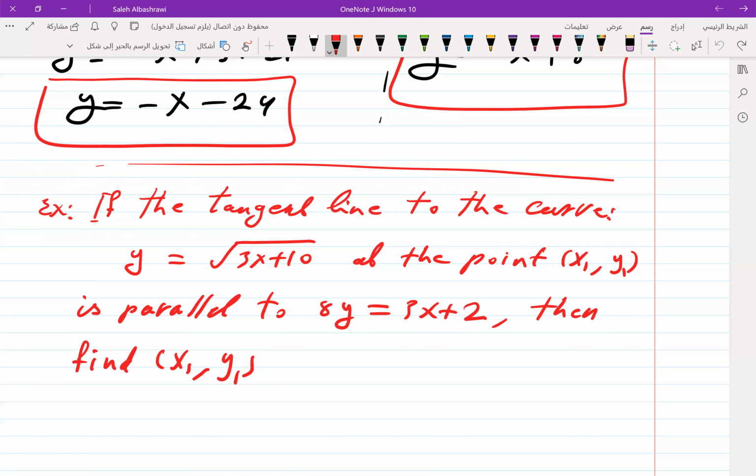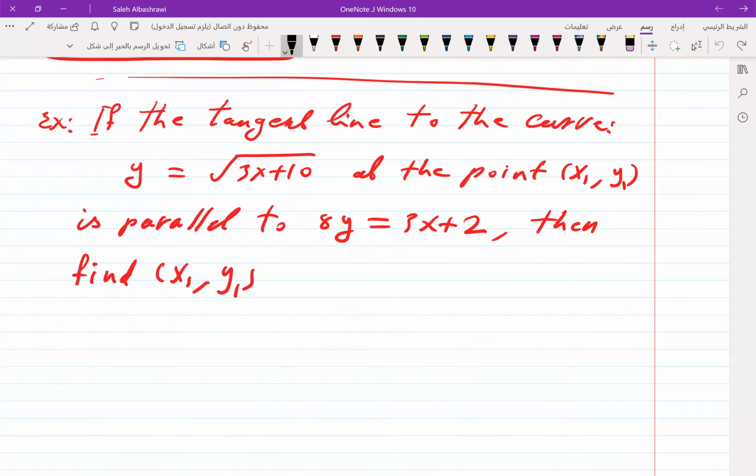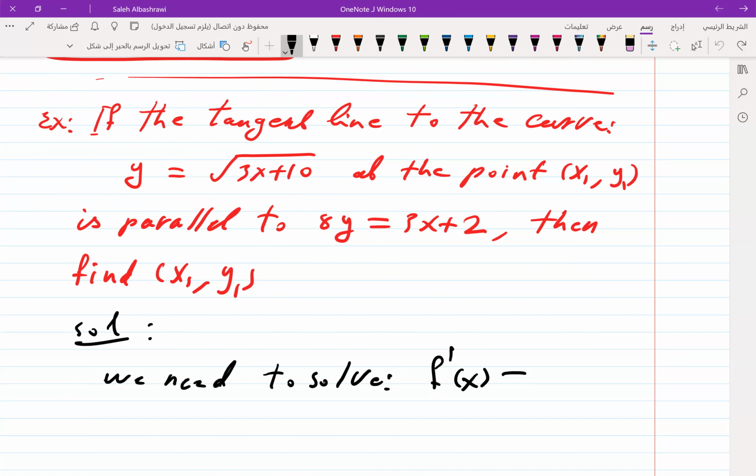In this example, we don't need to find the equation of the tangent line. All I need is to find the point where the tangent line is touching the curve y equal to square root of 3x plus 10. It means I need to solve f prime of x equal to m1.